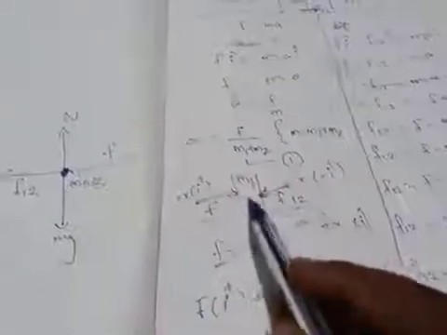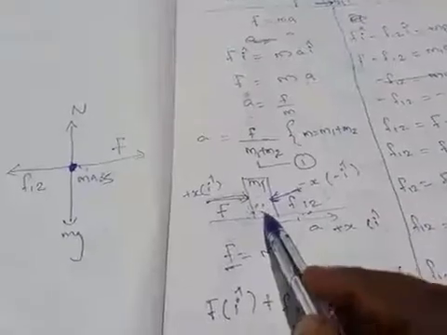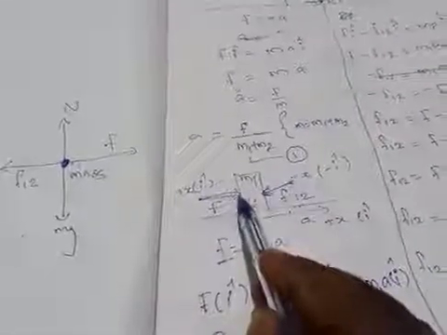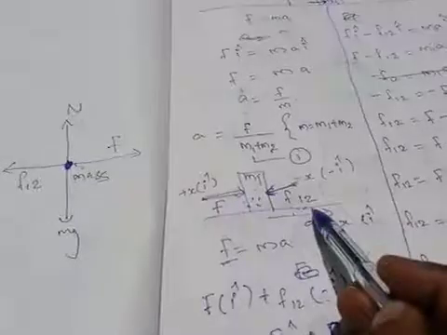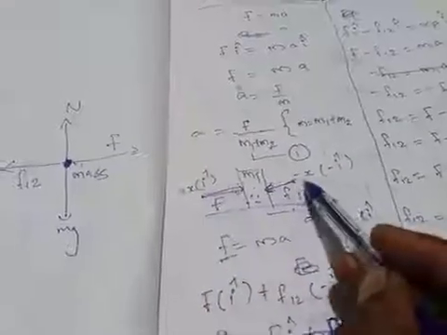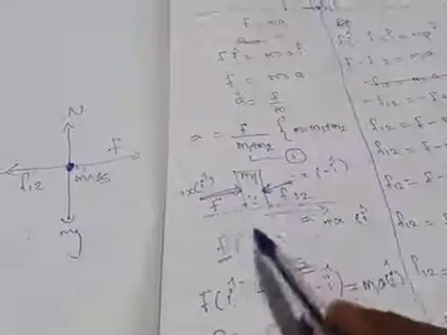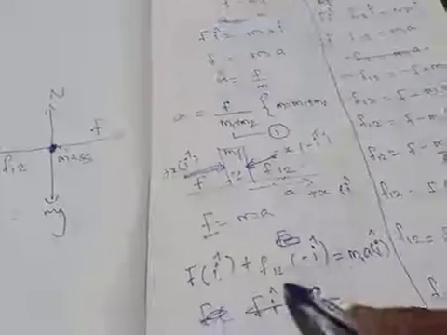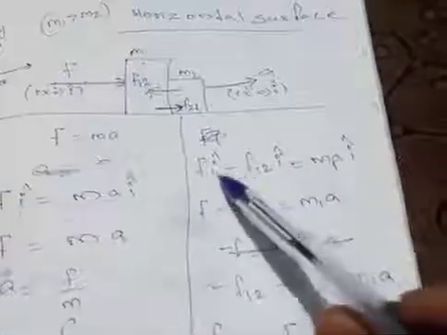Now we are applying Newton's law on only mass m1. On m1, in this direction is capital F, and opposite is F12. This direction is positive x, so plus I, and opposite is minus x, so minus I. The net force is F I plus these two forces, and the minus will come here, with acceleration in I only, so we get this equation.